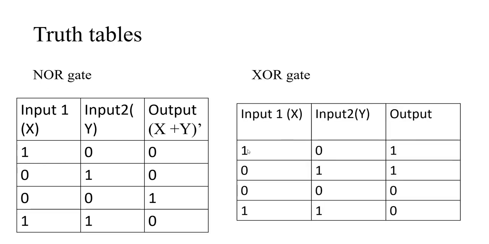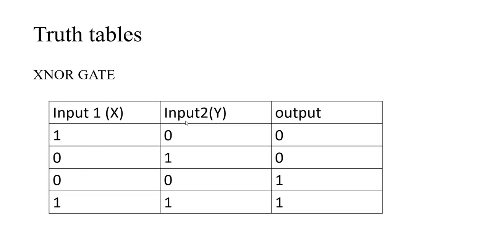Then XOR, we said it will always give true as long as we have exactly one of the inputs being true. One true input gives you a true, and the rest would give you 0. Then the XNOR gate would therefore give you the exclusive NOR gate. And the exclusive NOR gate, we are saying it is going to be the XOR gate, or exclusive OR gate, negated.